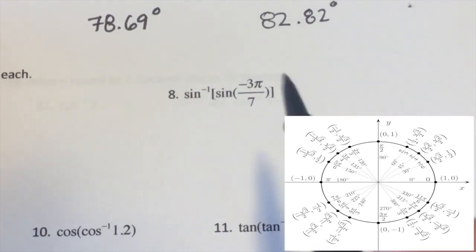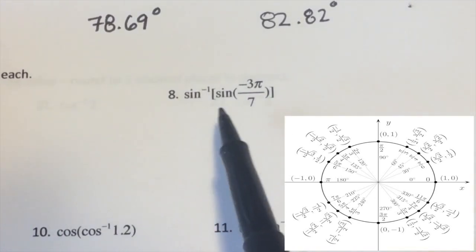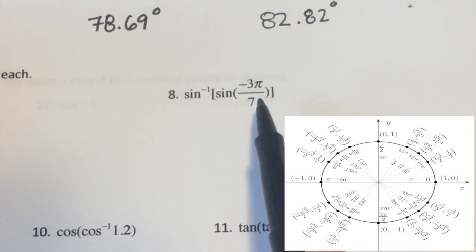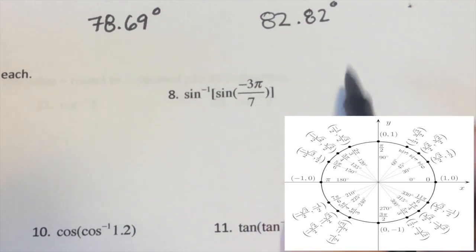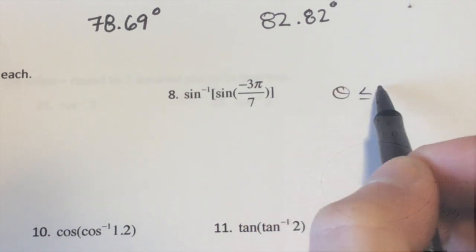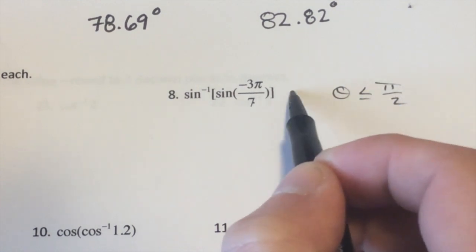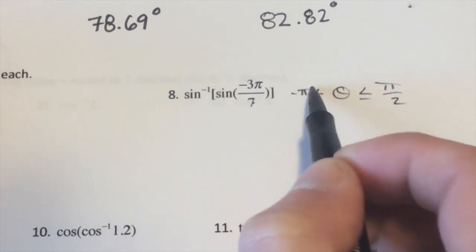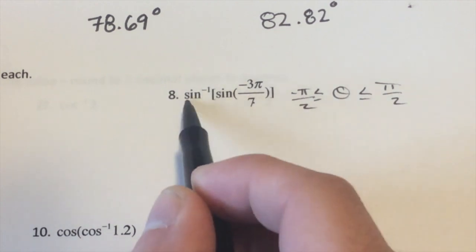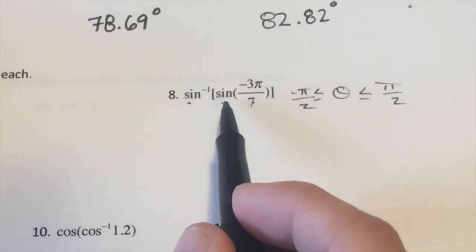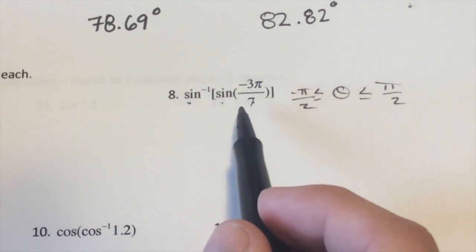Next up, what is the inverse sine of the sine of negative 3 pi over 7? Now, this angle isn't on our unit circle, but what we should realize is that our angle right here is between pi over 2 and negative pi over 2. So when we take the inverse sine of sine, I'm saying, what angle do I get the sine of negative 3 pi over 7?